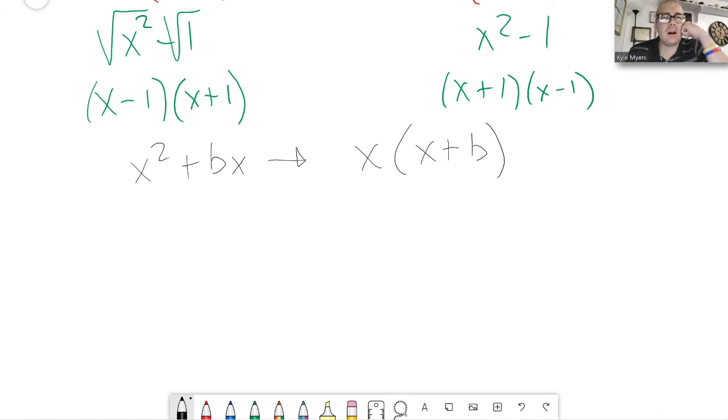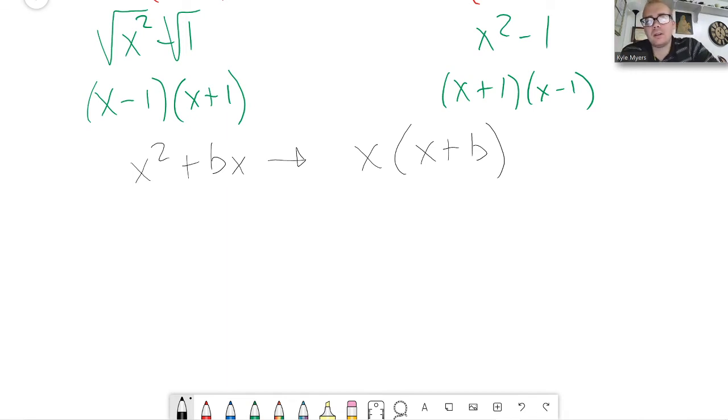So if it was minus bx, then it would be x, and then parentheses x minus b. So whatever b is, you would just factor out the x basically, and that's it. And this is, of course, if there's nothing in front of x squared. If it was like 2x squared plus 4x, then you could factor out a 2x. Something like that. So that's the middle.